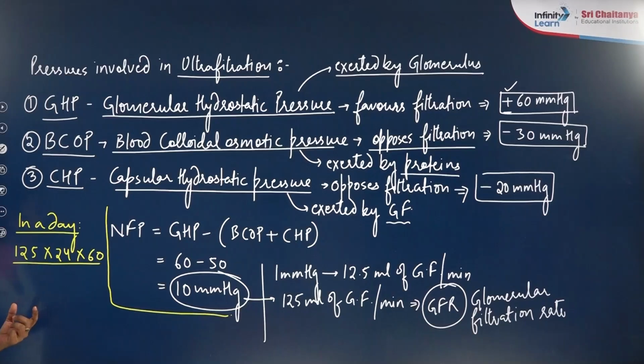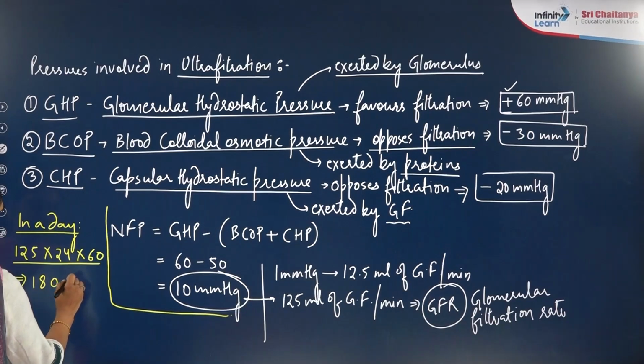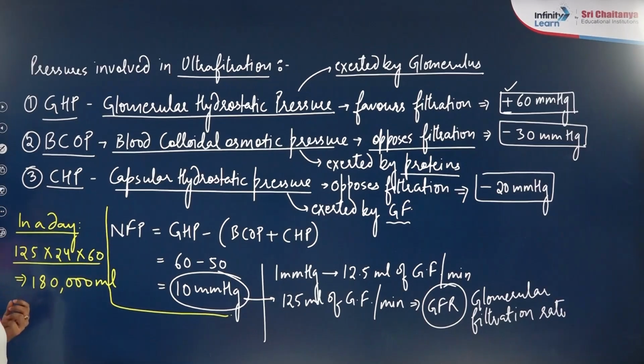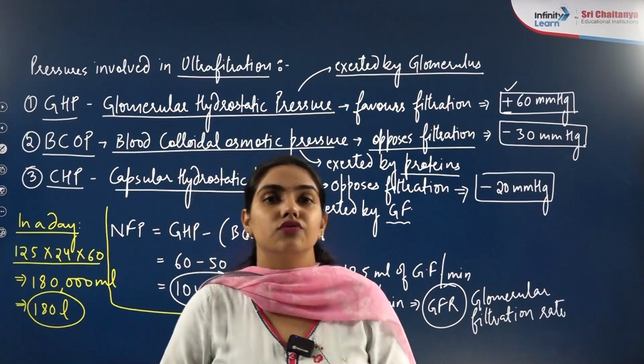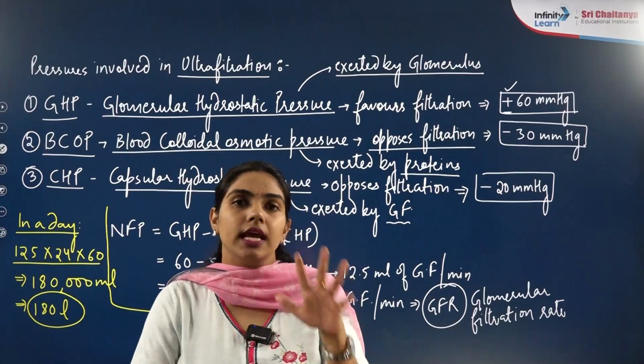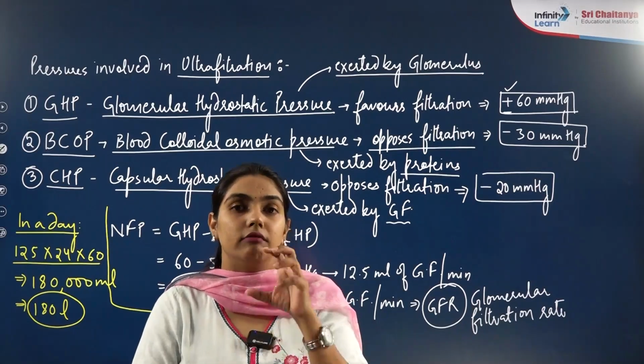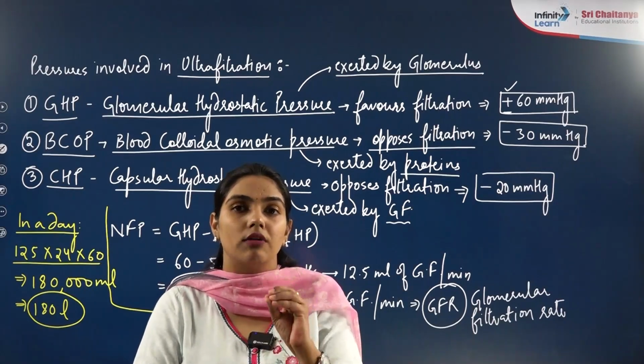You will get 180,000 ml. That means you will get 180 liters. 180 liters of glomerular filtrate is formed per day. In a day, our kidneys are making 180 liters of glomerular filtrate.